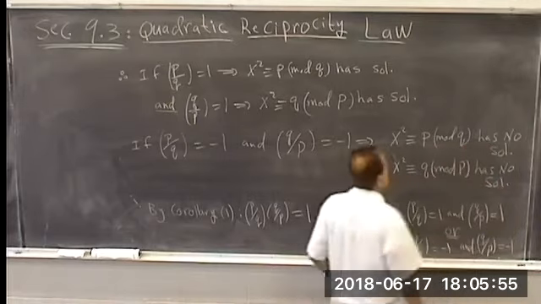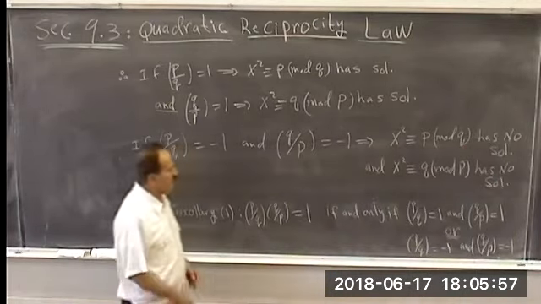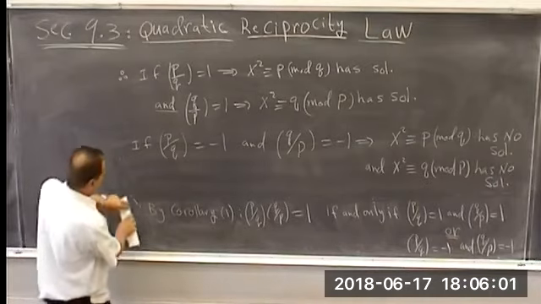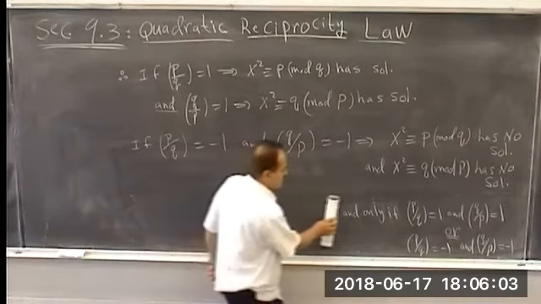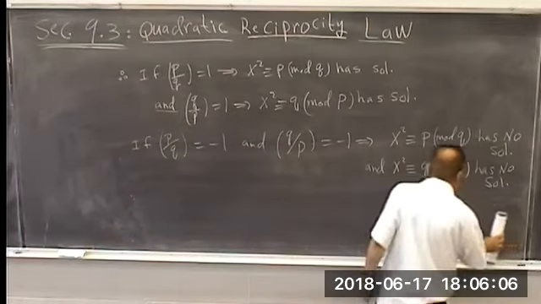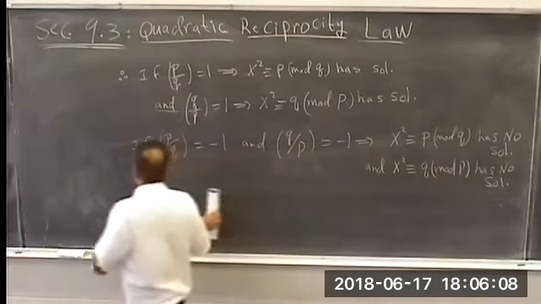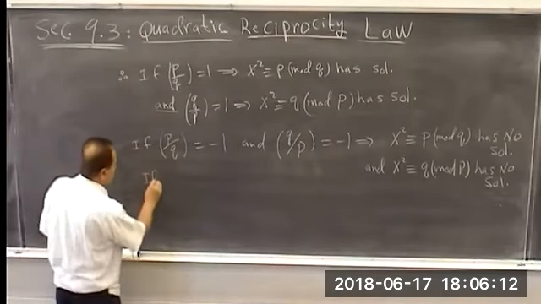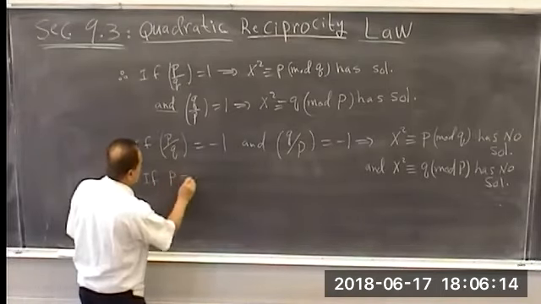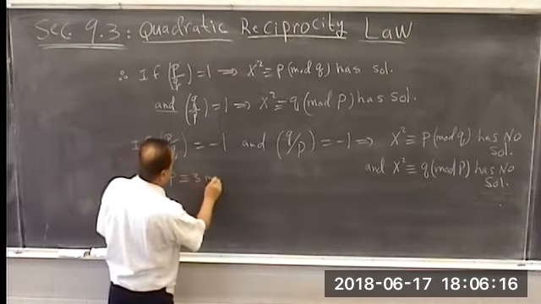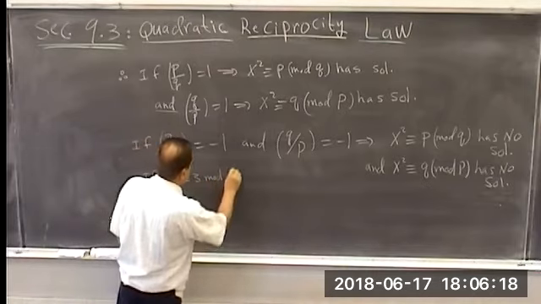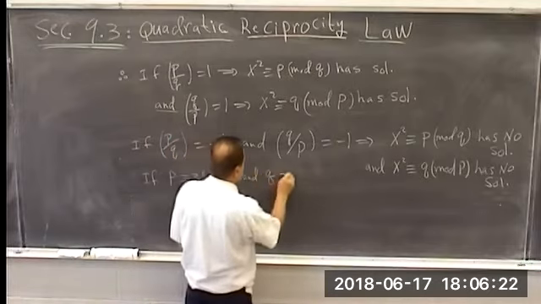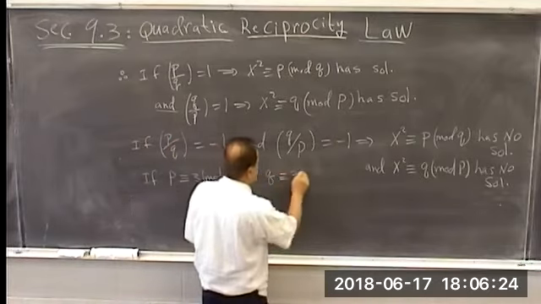Okay, each one corresponds to these equalities. Similarly, for the other case, when we have P and Q, again by the corollary, if P is congruent to 3 mod 4 and Q is congruent to 3 mod 4.